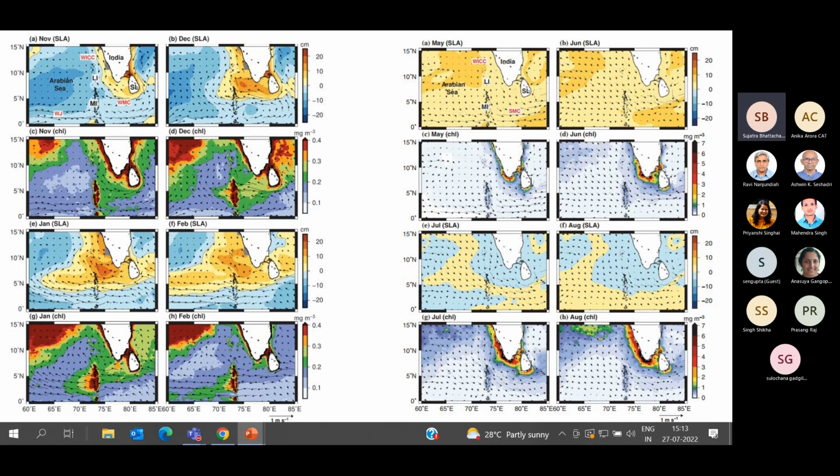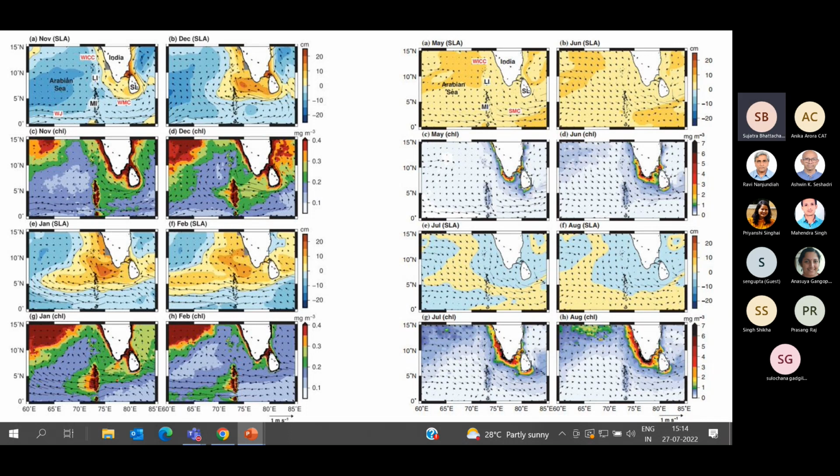We can see here the highest peak is near the southeastern boundary of India, and the concentration amplifies near Lakshadweep Island, where the summer monsoon current is strongest.